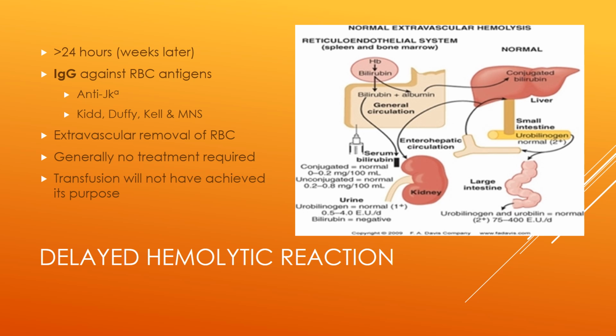And these are most often a secondary response, meaning that the antibodies were weakly responsive or anamnestic, where the patient's been sensitized in the past, you know, by transfusion or pregnancy, but we didn't detect the antibody on screening.